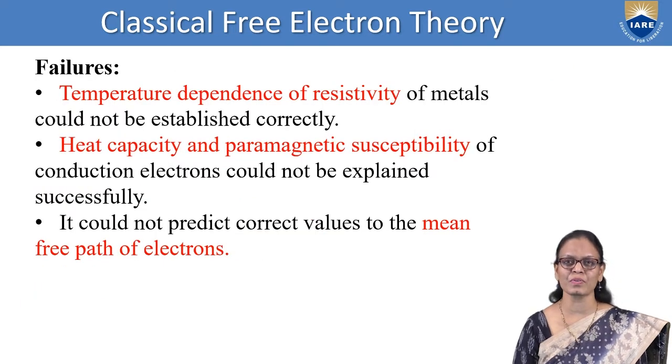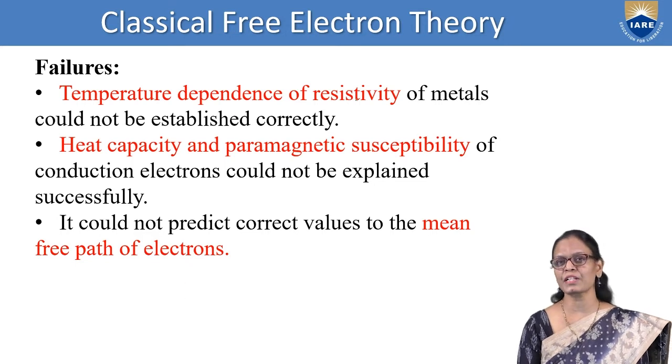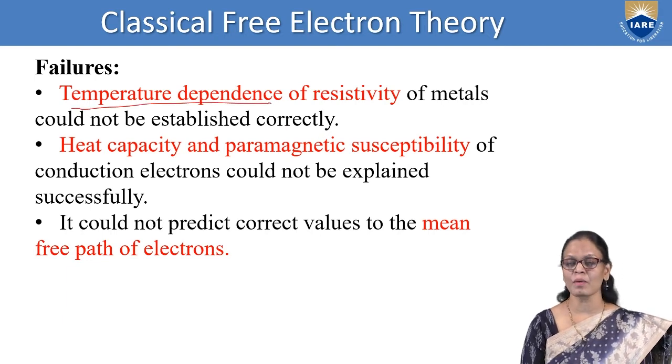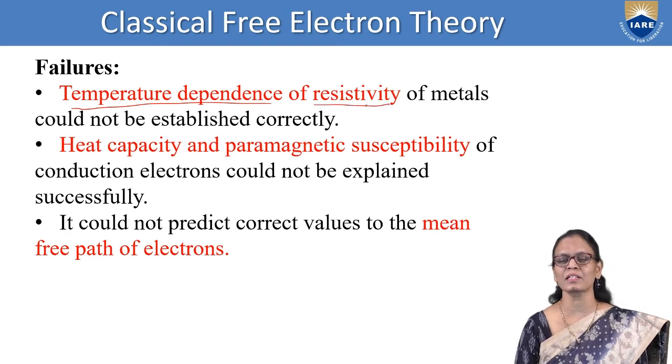Now coming to the failures. What was the failure of this classical free electron theory? The temperature dependence of resistivity could not be established correctly. Temperature dependence here means when the temperature varies, how does the resistivity vary?